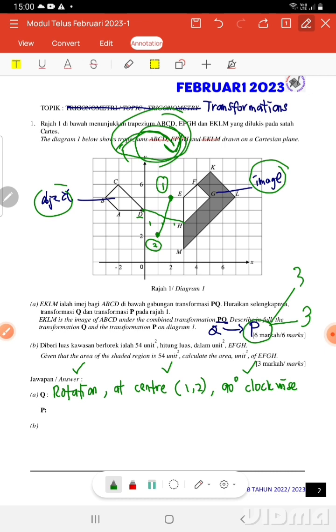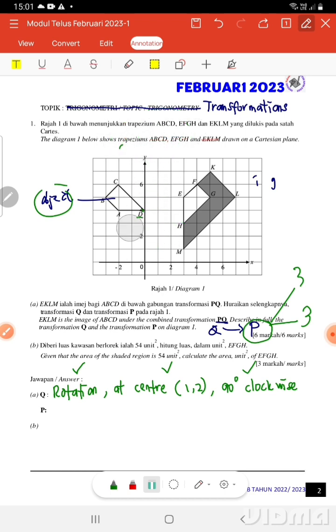Okay, let us proceed to the transformation P. Let me erase first. From ABCD, we already go to EFGH, right?